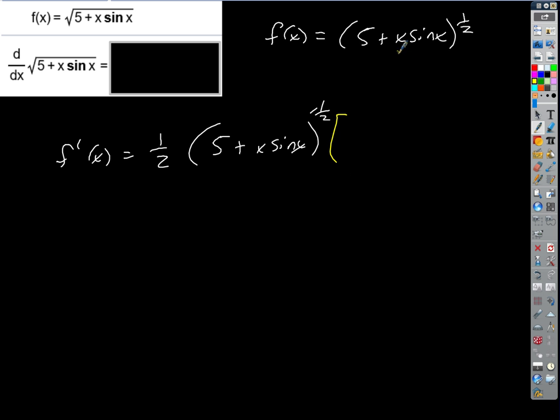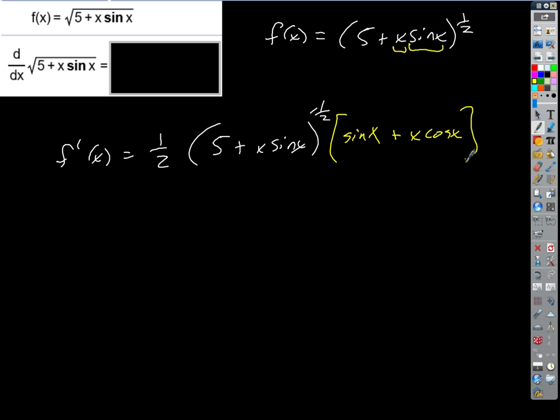So what's that going to be then? I've got two parts: my x times my sine x. What's the product rule going to tell me? Derivative of x is 1. Okay, so we get sine x times 1 plus cosine x times x. Good, there you go. That's it.